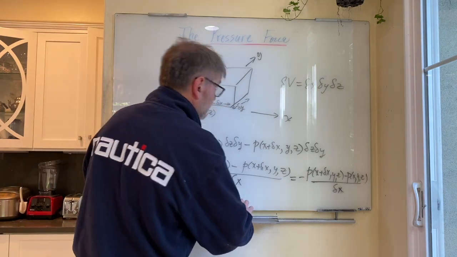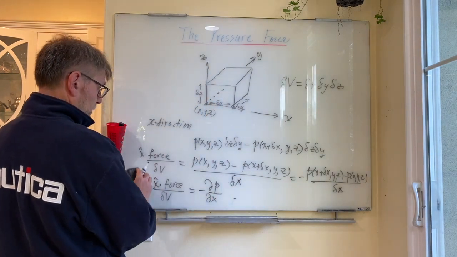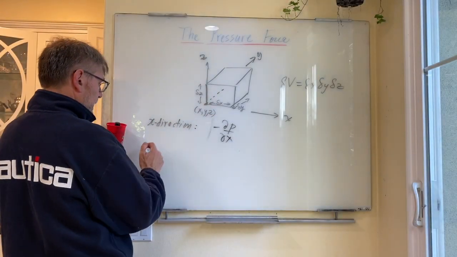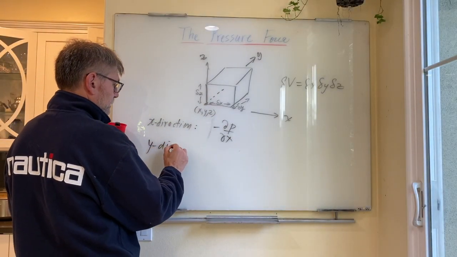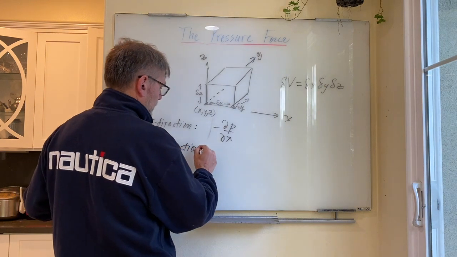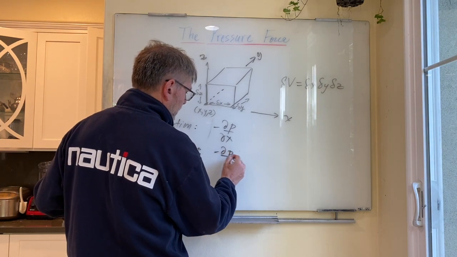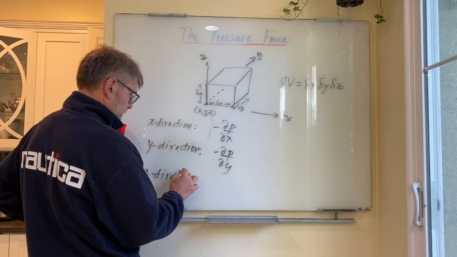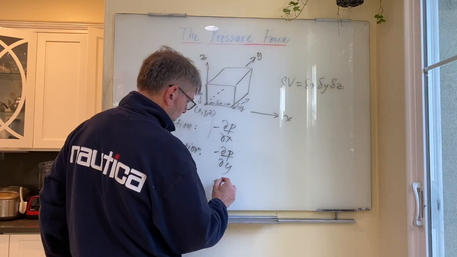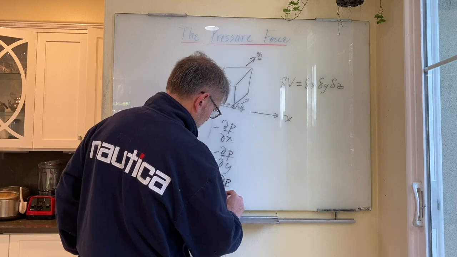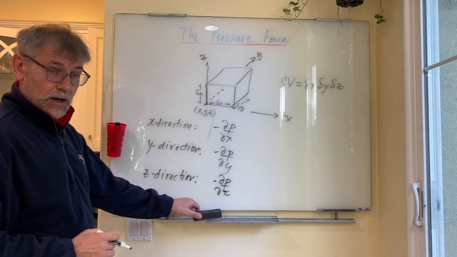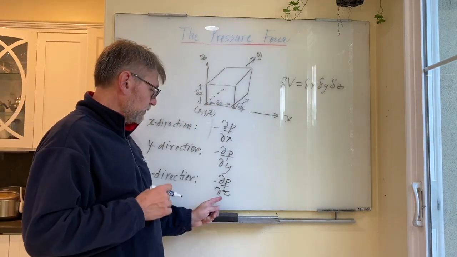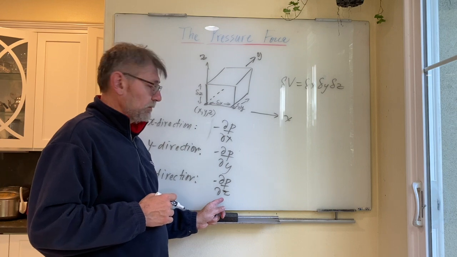So let me write out in general. So this one in the x direction, same thing will happen again. I'll get minus dp dy, and same thing in the z direction, minus dp dz. And these are exactly the 3 Cartesian components for the gradient of the pressure.